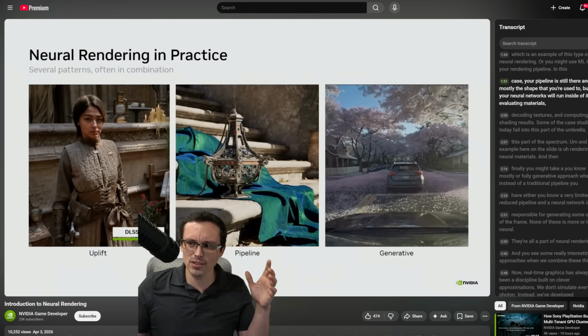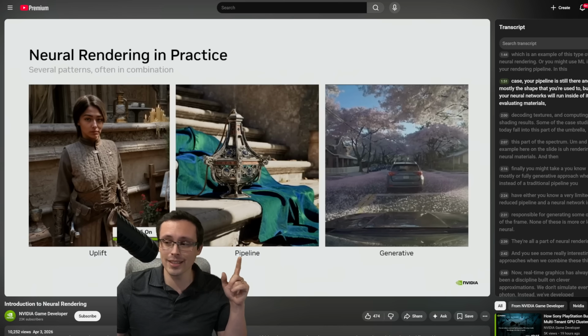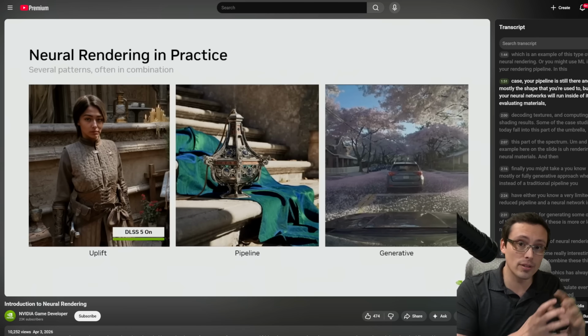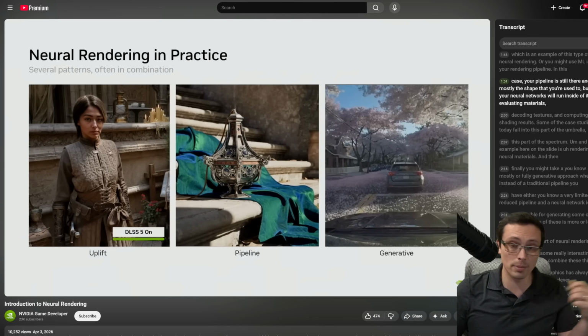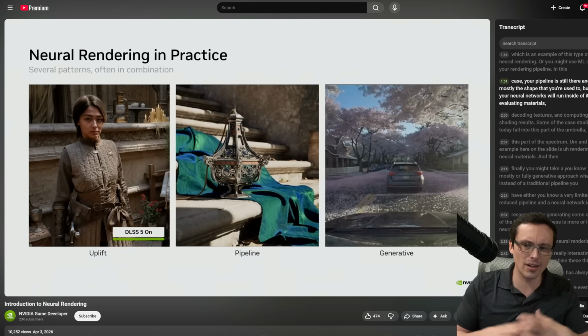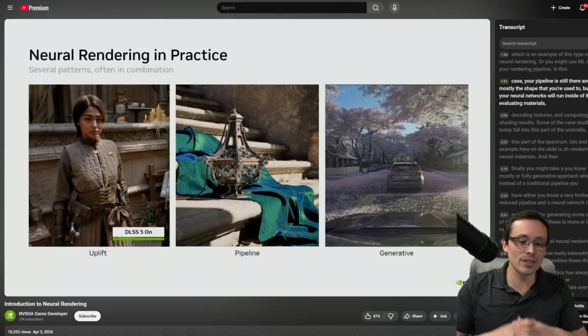I do expect us to start seeing a lot more experimentation with this type of thing. And we've seen AMD in partnership with both Sony and Microsoft talking about PlayStation 6 and next generation Project Helix, Xbox console, maybe PC-ish sort of thing, talking about using neural techniques and neural rendering.